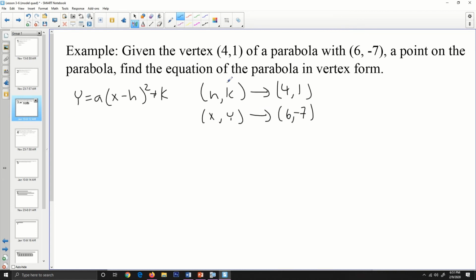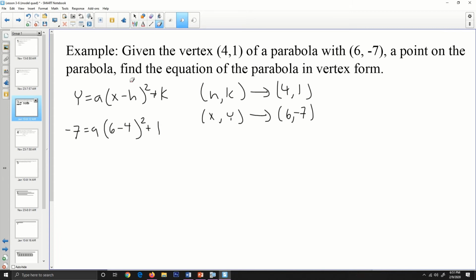So I can plug all these things in. The y value is going to be -7. I don't know what a is. x is 6, h is 4, and k is 1.